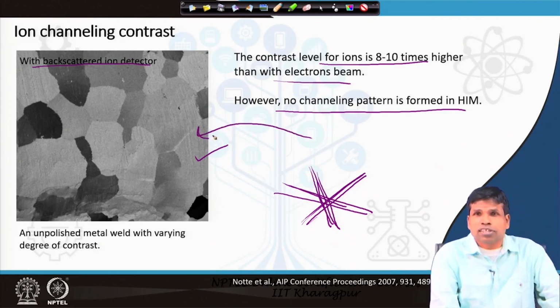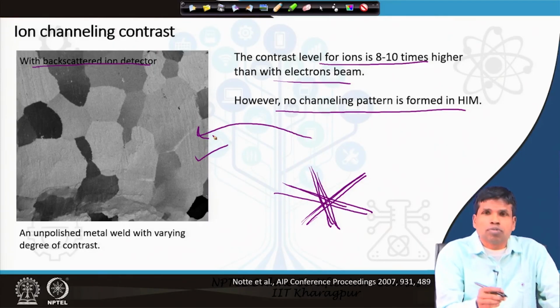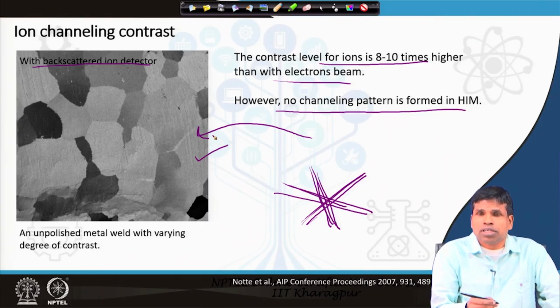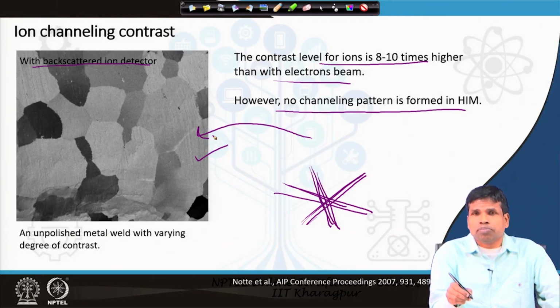This channeling contrast is very important when you have a thin film, because it is coming from the surface only. If it is a much thicker bulk film, then the signal will become less in the helium ion microscope. In the scanning electron microscope, we want a bulk sample, because the channeling comes from backscattered electrons, and backscattered electrons come from a little deeper in the sample.